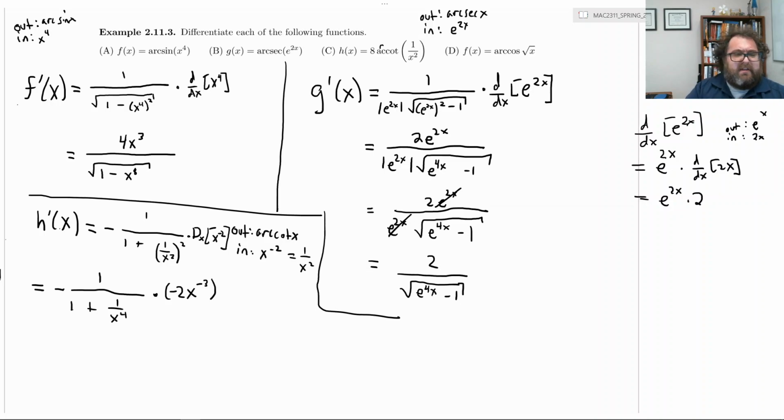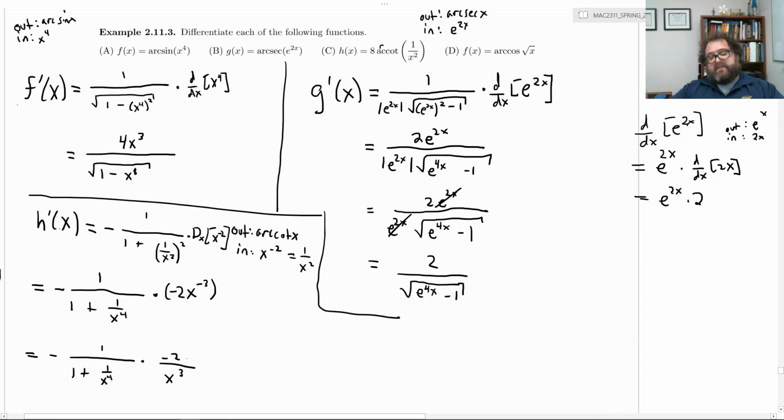So I've got 2 issues to resolve algebraically. So equals negative 1 over 1 plus 1 over x to the 4th. Now let's rewrite this without negative exponents. That's going to be negative 2 over x cubed.